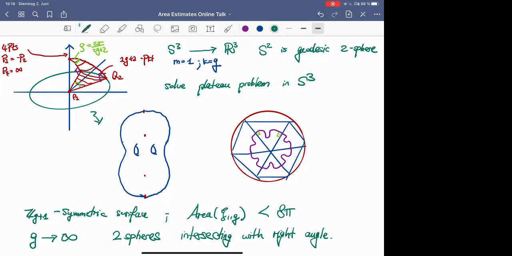Now, this is maybe not that much information. Well, it's just a set-wise limit. But what you can do is try to blow up at one of those points, which is one of those intersection points.